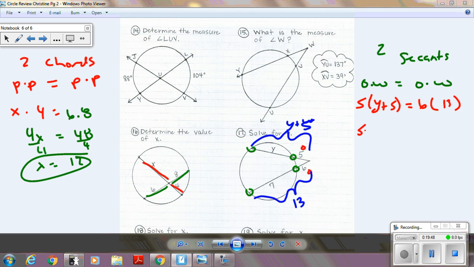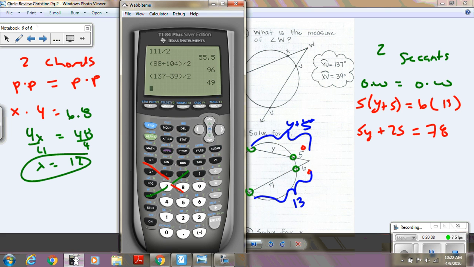So that would be 5y plus 25 is equal to 6 times 13, which is 78.